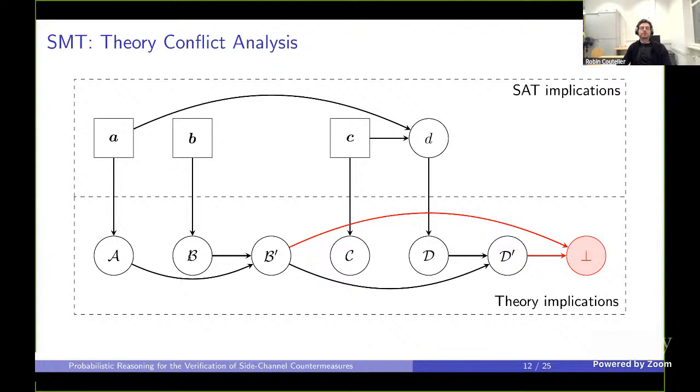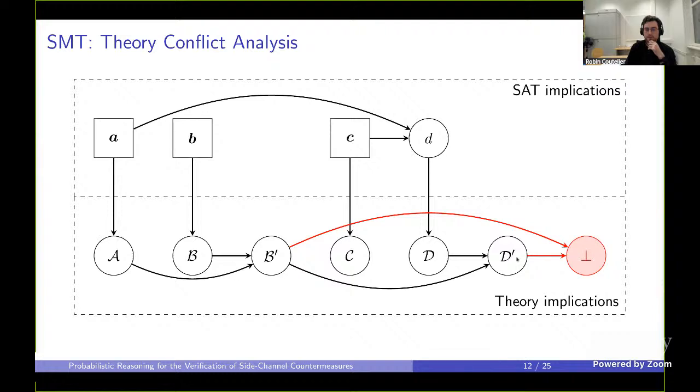And from what the SAT solver gives the theories, we may infer new things. That might be new equalities, that might be just internal data structures that keep track of the thought process of the theories, essentially. And now maybe the theories conclude that we have a conflict. And we have to tell the SAT solver to refine it.